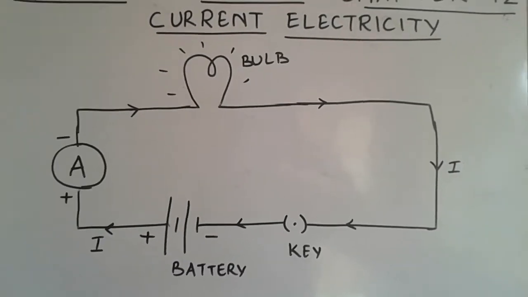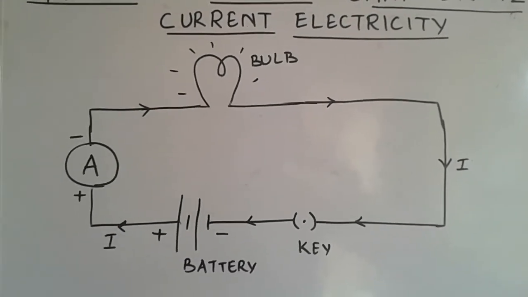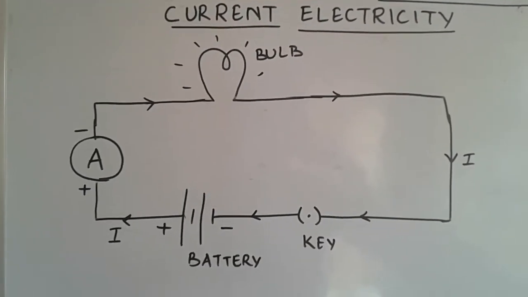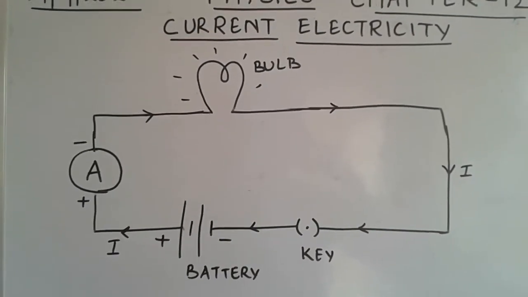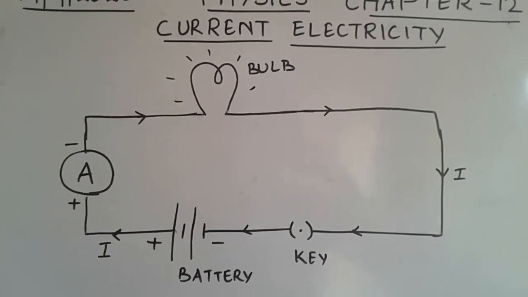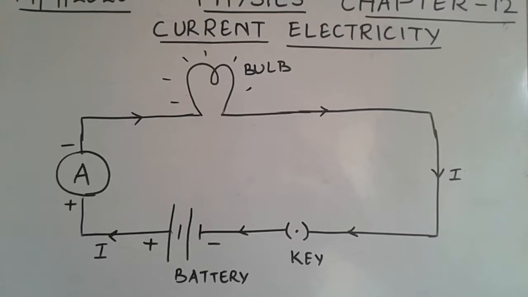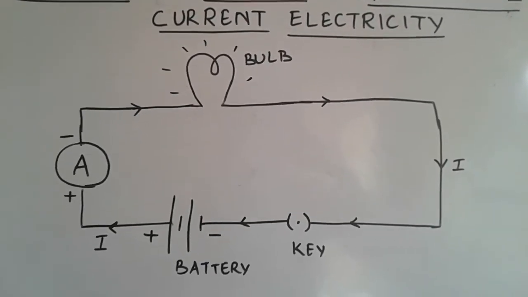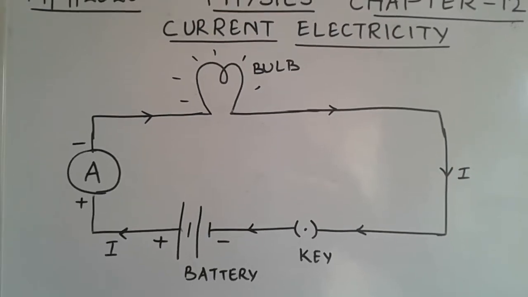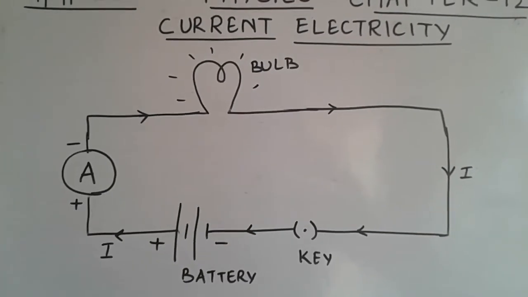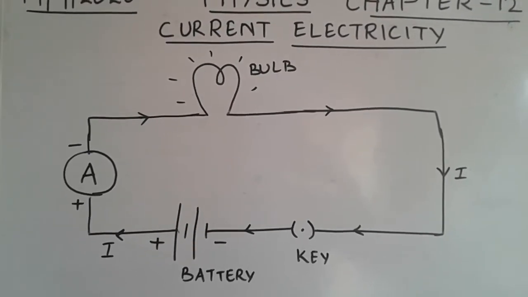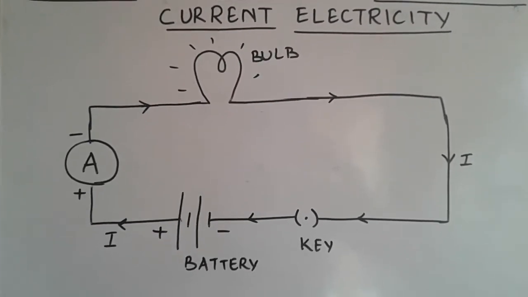The question arises: we have already read that the flow of electrons is responsible for the establishment of current electricity. Now the question is, the electrons flow from one terminal to another terminal, so which component in the electric circuit gives the power to the electrons so that they can move from one terminal to another?